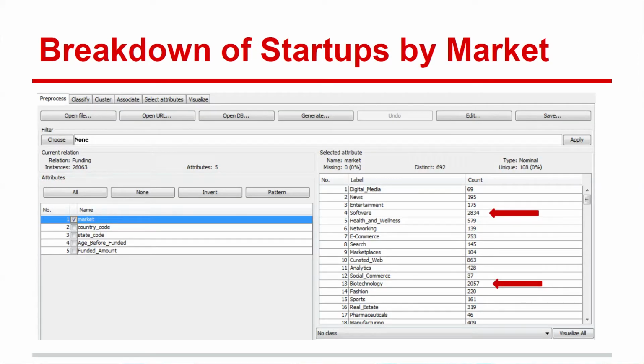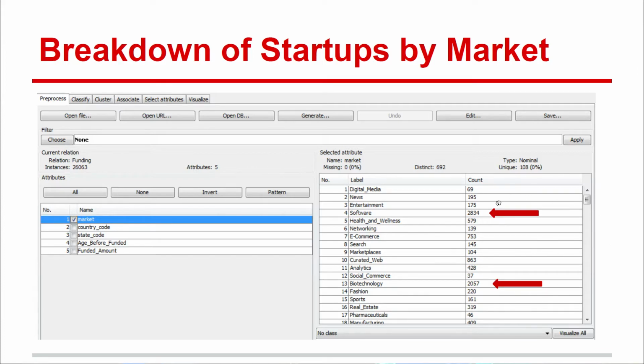Here we had almost 700 distinct types of markets, and a lot of these were similar. For instance, there's software, digital media, e-commerce, curated web, analytics, a lot of technology-based ones, but within themselves they did have different amounts of companies, so we kept in mind how specific we wanted to be when picking a market to start up in.